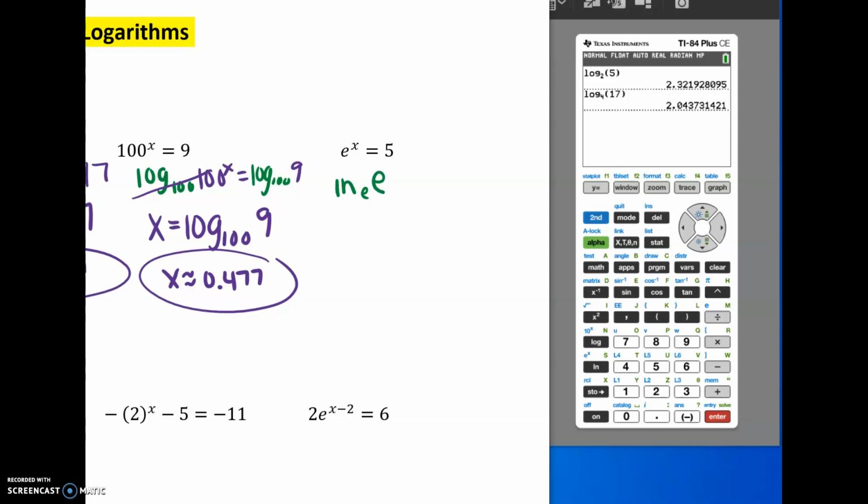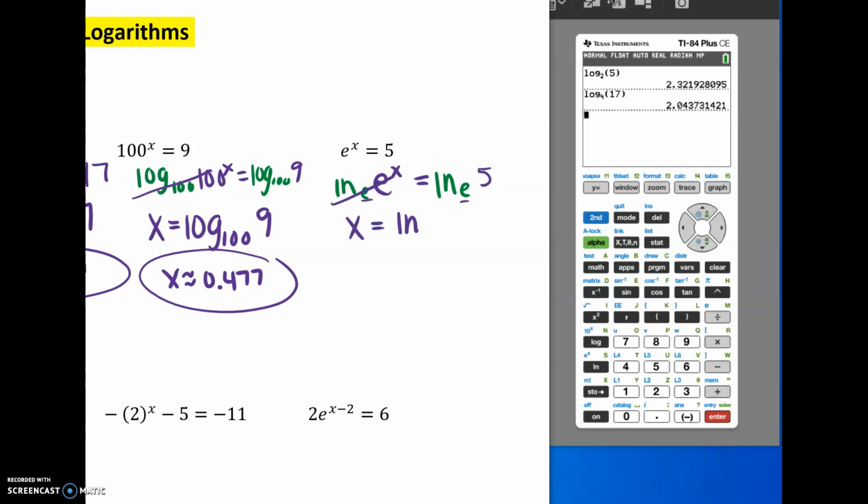You don't necessarily have to write that, but I just want to show you why that actually cancels there, okay? So on the right-hand side, you've also got to take the natural log. Remember, this e right here is not usually there. You have to remember if you have a natural log, the base is e. Therefore, it cancels. You're left with x.